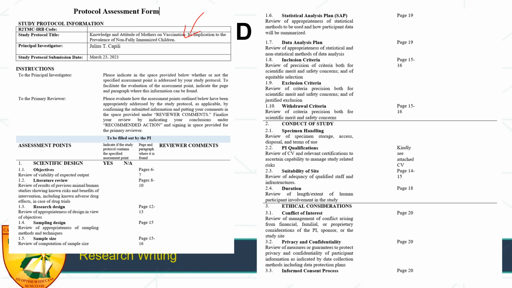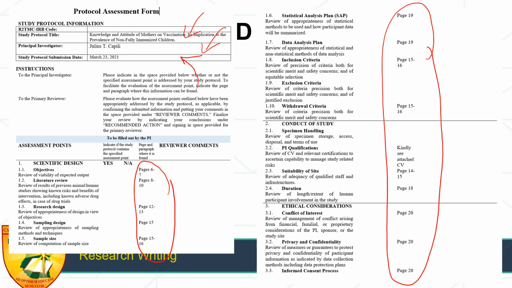You just need to put the title, the principal investigator, the study protocol submission date. You just need to put the page numbers of the following that they are looking for: the objectives, the literature review, research design, sampling design, sample size, etc.